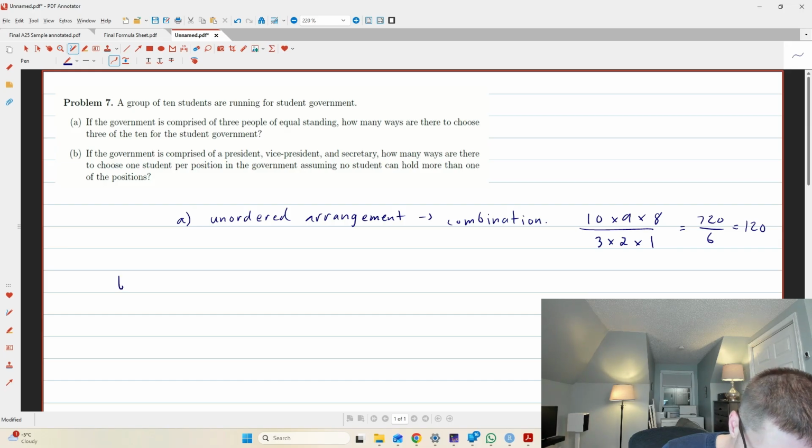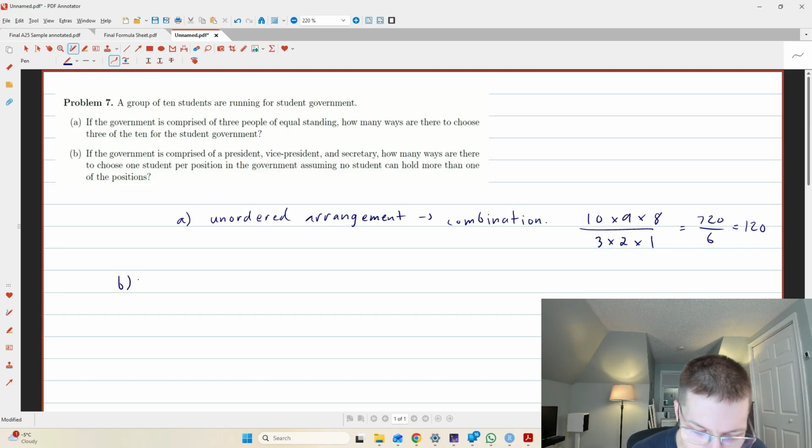For B, if the government is comprised of a president, a vice president, and a secretary, how many ways are there to choose 1 student per position in the government, assuming no student can hold more than 1 position? So this is assigning positions in an ordered manner, and so we're looking at a permutation of 3 things from 10 things.